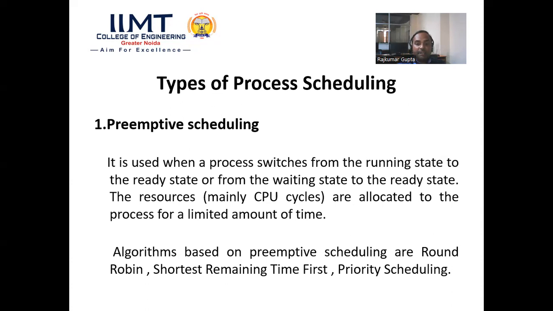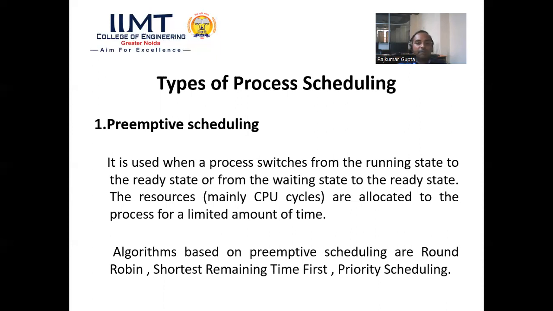In that case, the switching of the CPU is known as context switching. So this is called preemptive scheduling. It means the process switches from running state to ready state, or in other words, running to ready or waiting to ready state, and the CPU is switching from process 1 to process 2.